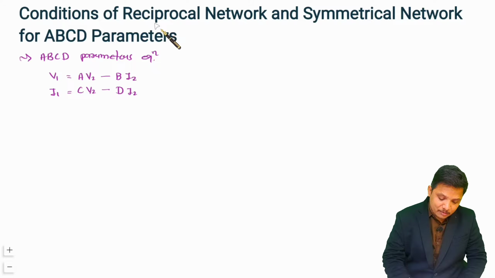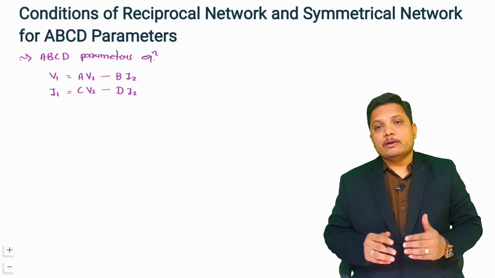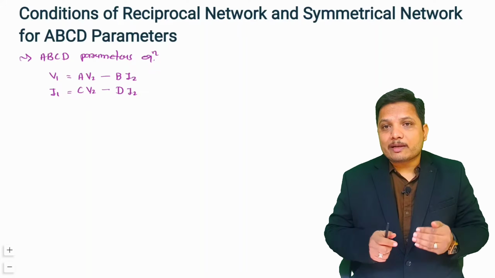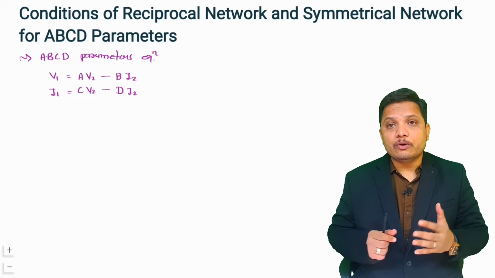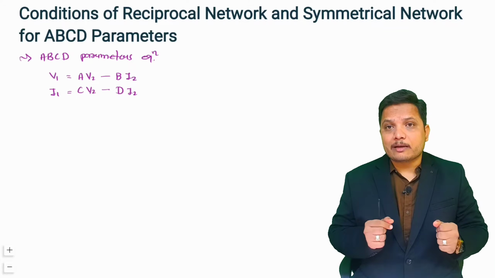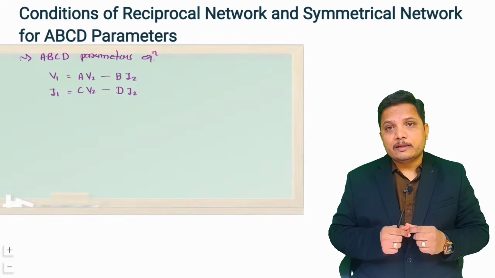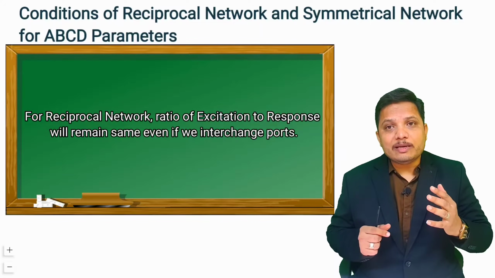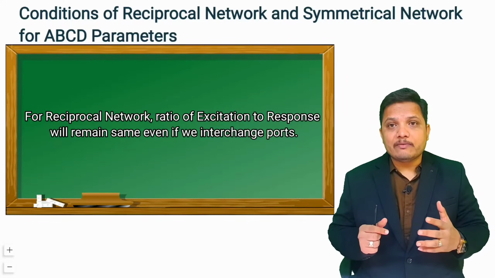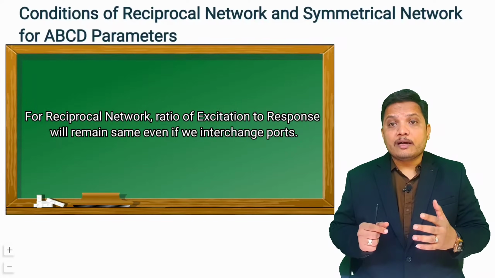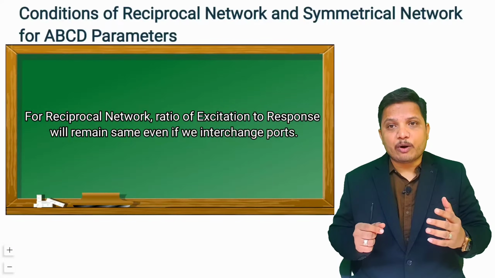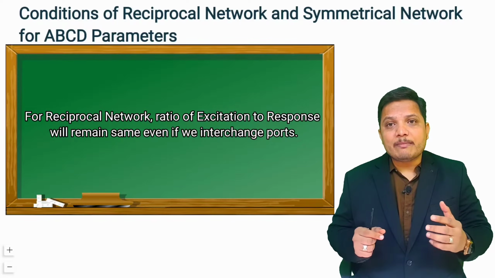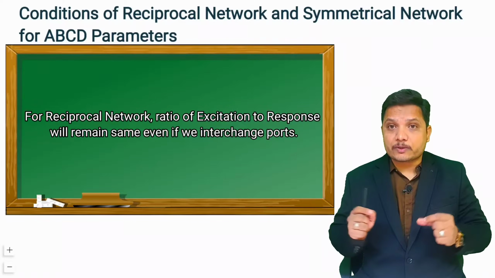Now I'll explain the reciprocal network conditions. Before you apply the reciprocal network condition, you should know what a reciprocal network is, so let me define it first. A network is said to be reciprocal if the ratio of excitation to response remains the same even if you interchange the ports.